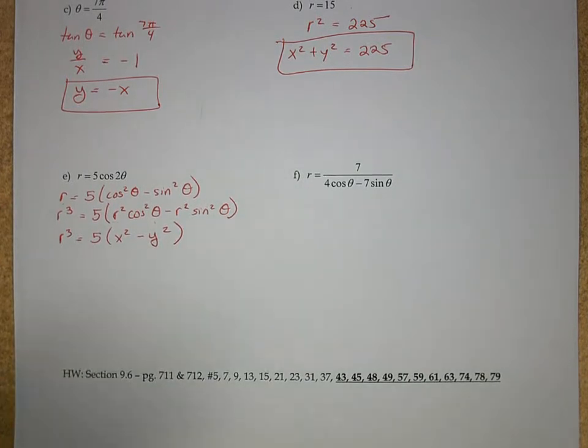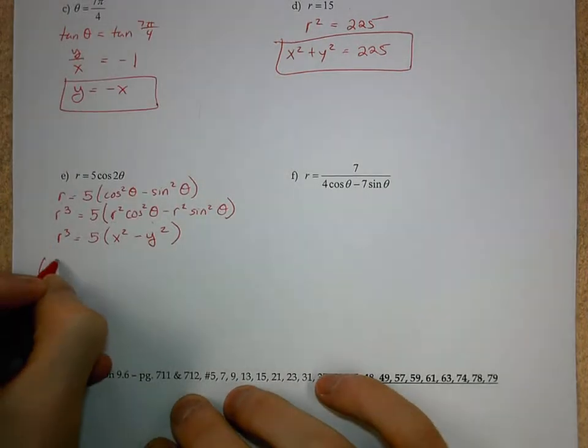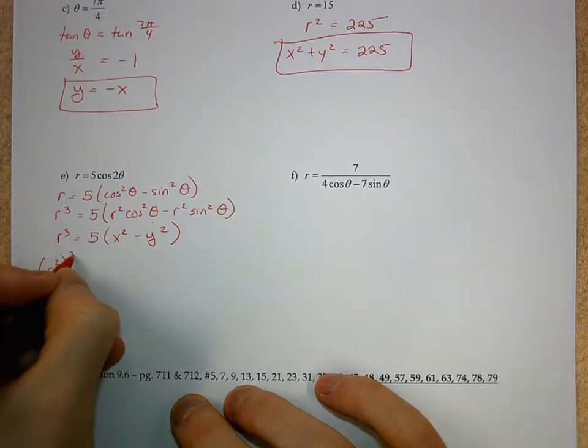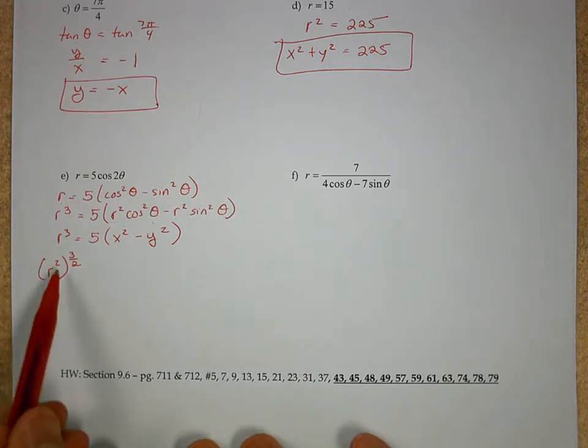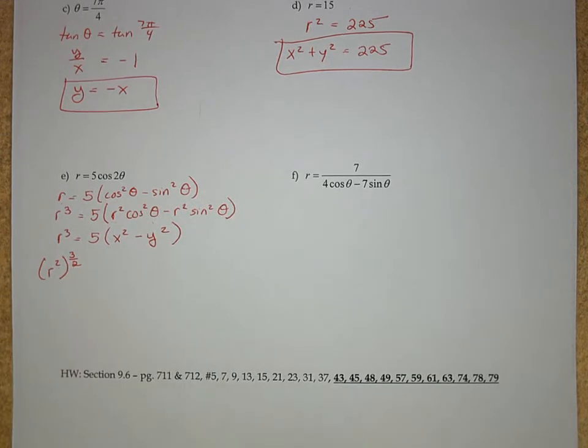And this is going back to college algebra. If I have r squared, I've got to raise it to the 3/2. Because when I raise a power to a power, it's the same thing as multiplying those powers. So if I were to say 2 times 3/2, it simplifies down to 3. So r squared raised to the 3/2 is the same thing as r cubed.